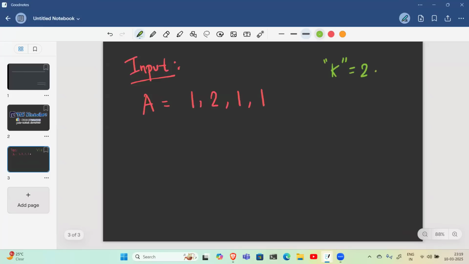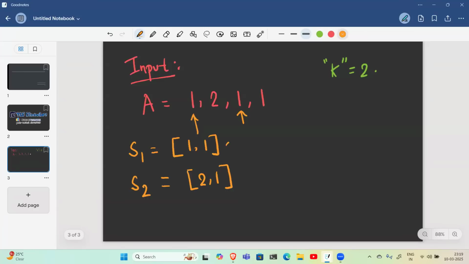Since the length of A is 4, and I have decided to break A into two subsequences, the length of each subsequence will be 2. Suppose I choose this one and this one. So the first subsequence I get is 1, 1. And the second subsequence, which is the remaining elements, is 2, 1.